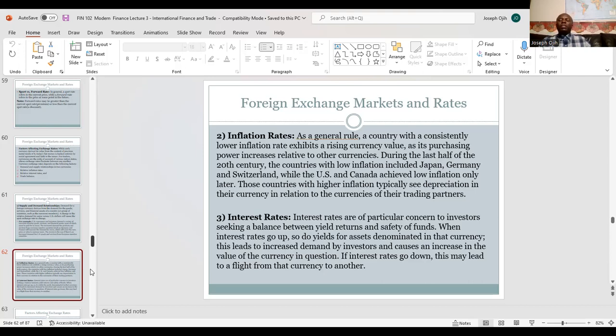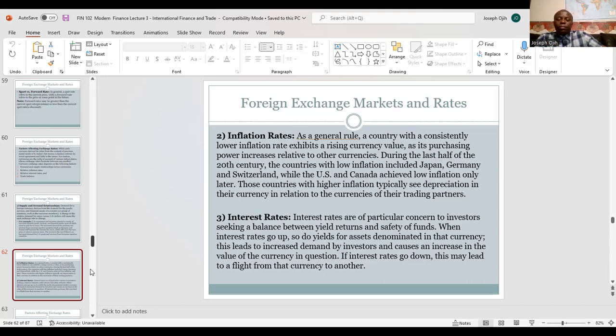That causes people to start demanding that currency, making it rise in value.